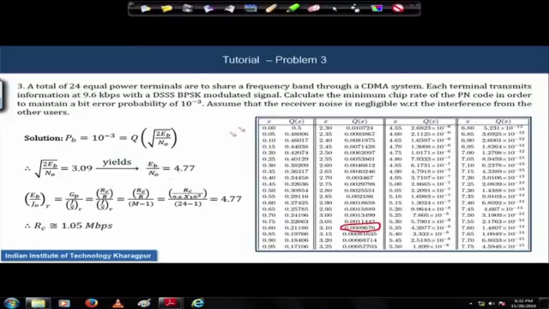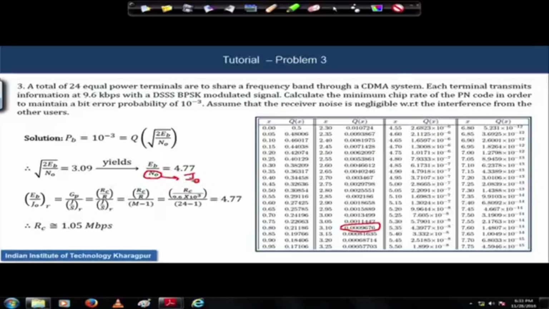Now actually receiver noise is negligible, so since that is negligible, the only mitigating factor over here is the interference due to other users, which we shall denote as J0, where J is for jamming, but this is more of unintentional jamming, just like in the previous problem.